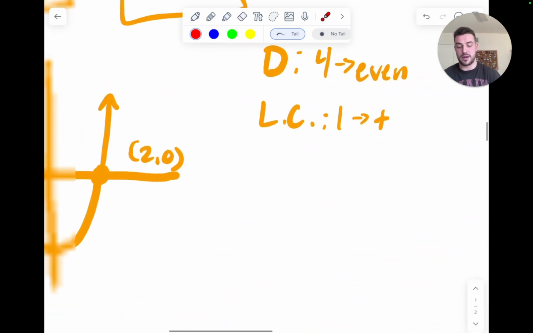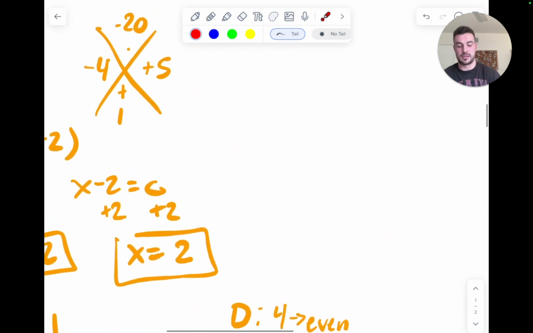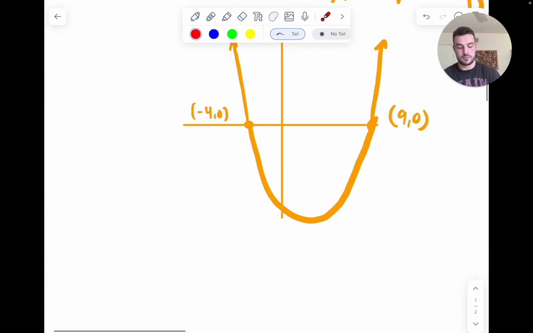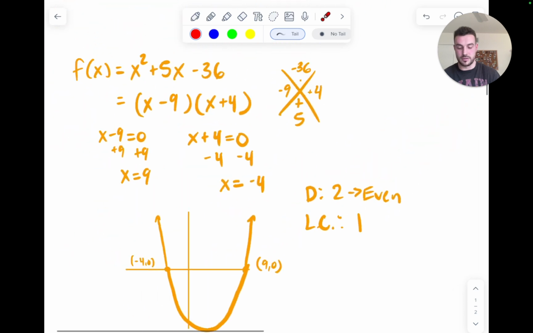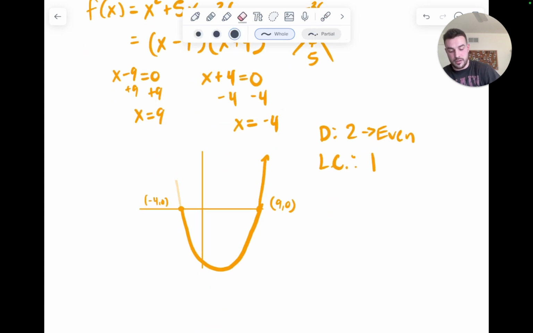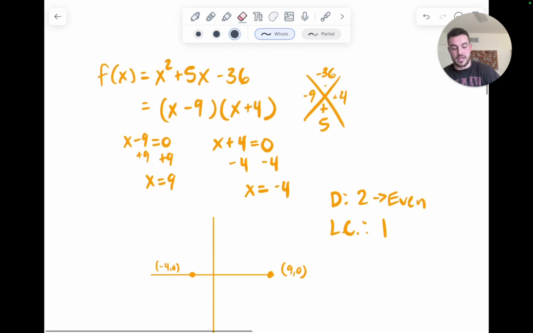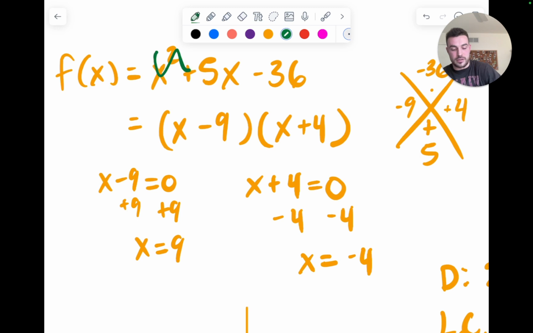So maybe it's a better idea to look at something like, let's do this one. If I were to regraph this real quick, we still have the same x-intercepts, but let's just say, ignoring this for now, I had a 2 there and a 3 there.